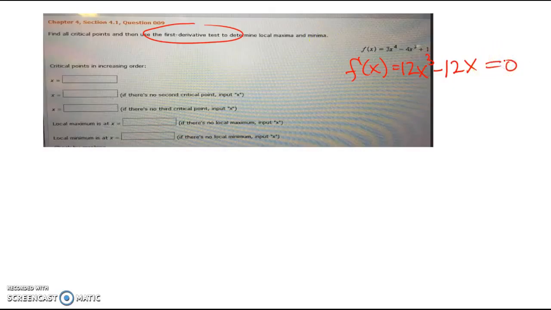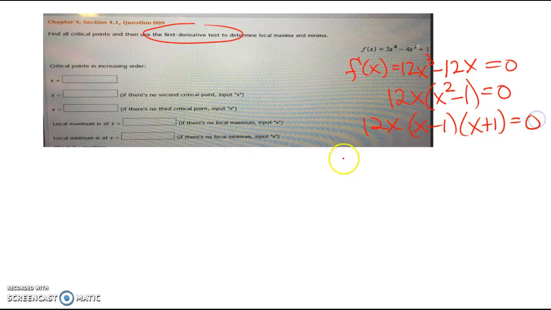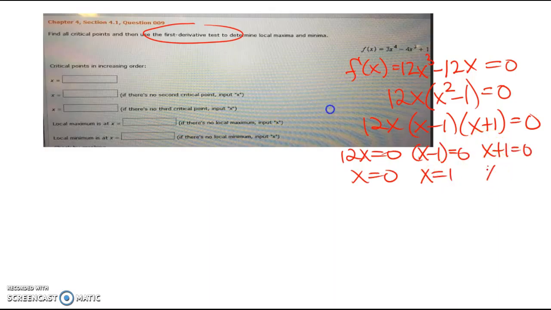Well, I can factor out a 12 and an x here, can't I? I'm left with x squared minus 1. Okay? And then I can even factor this difference of perfect squares. So 12x equals 0, x equals 0. X minus 1 equals 0, x equals 1. X plus 1 equals 0, x equals negative 1.